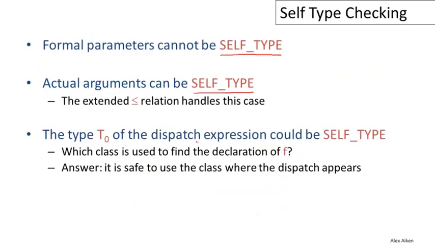One interesting detail is that the dispatch expression itself could have a type self-type. And what do I mean by that? Well, let's think about E0 dispatching to method f. And then what happens if E0 has type self-type? What if we can prove that E0 has type self-type?